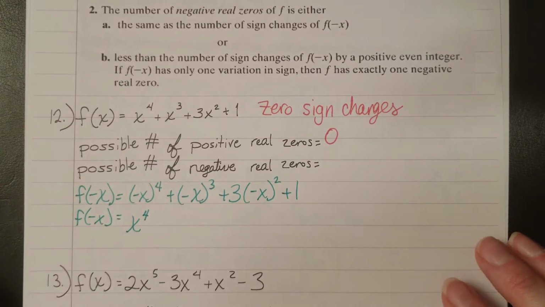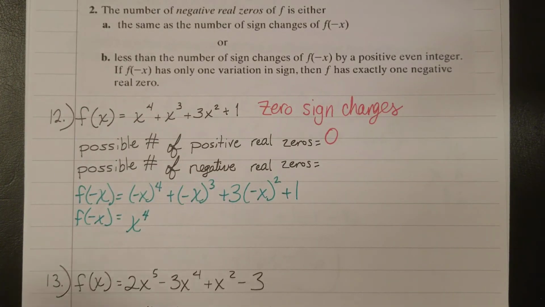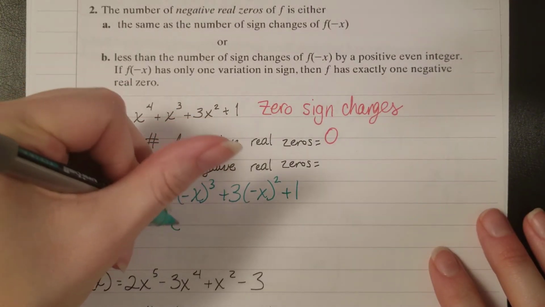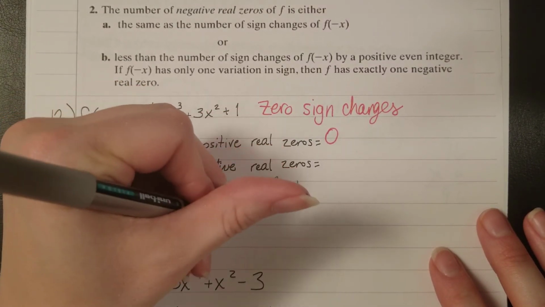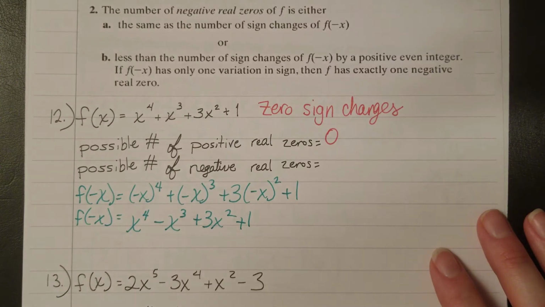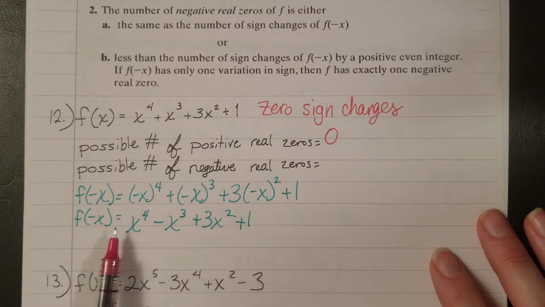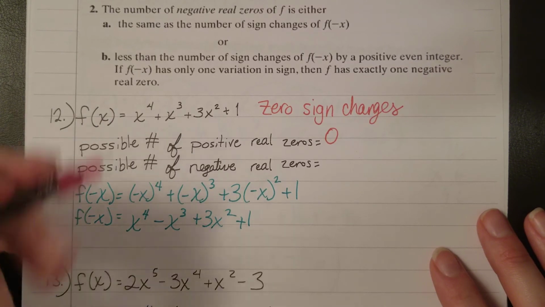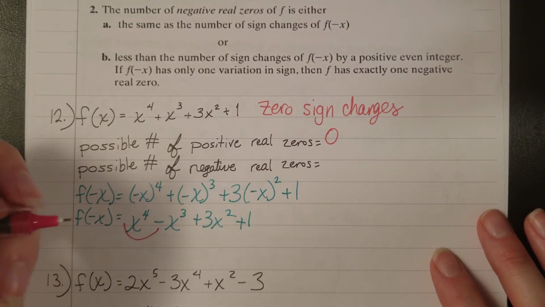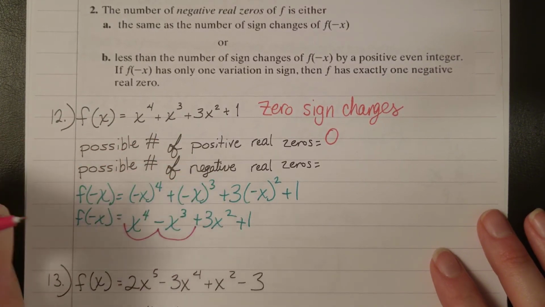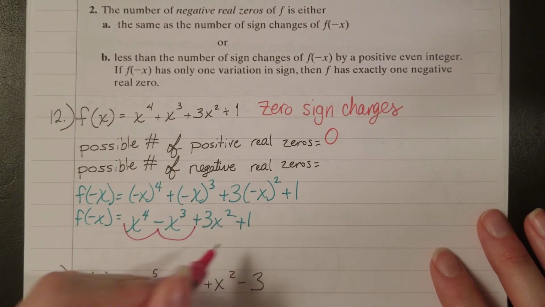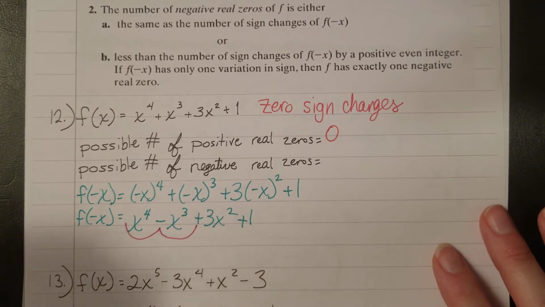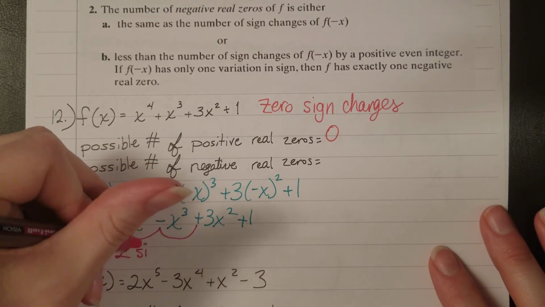But if you raise it to an odd exponent, the whole term is going to become negative. All right, now let's count the sign changes from there. So it goes from positive to negative, so that's 1 sign change. Then it goes from negative to positive, that's 2 sign changes. And then it's positive, so that's not a sign change. So there are 2 sign changes right here.